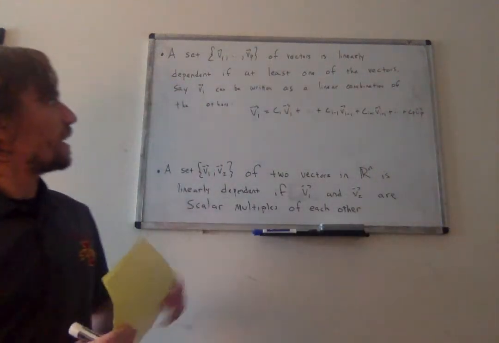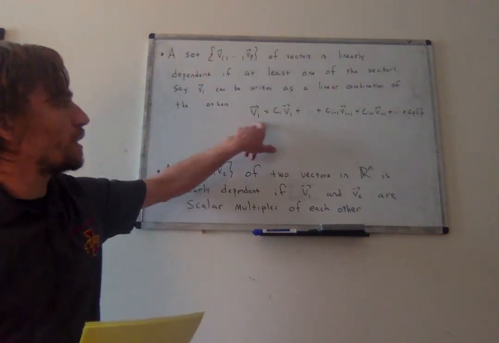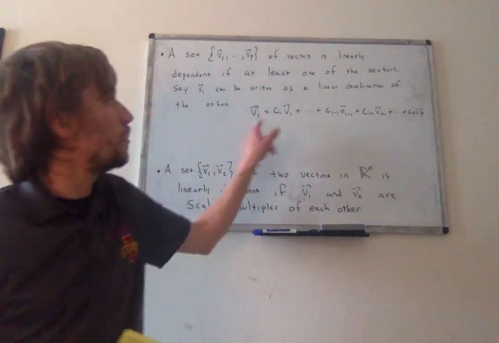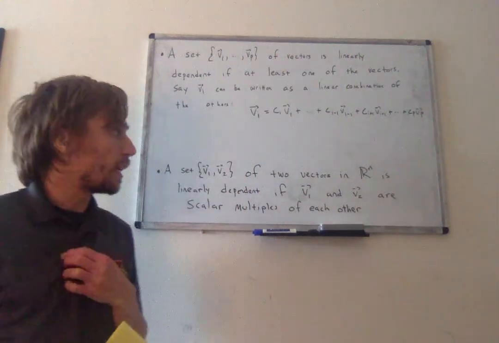So what this is saying is that in this set, I can take some vector v sub i and write it as a linear combination of all of the other vectors. So notice specifically in this sum, I'm leaving out v sub i on the right-hand side.